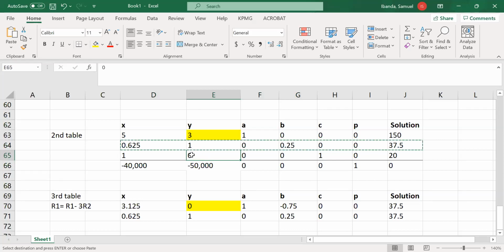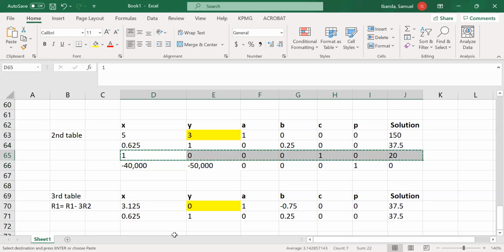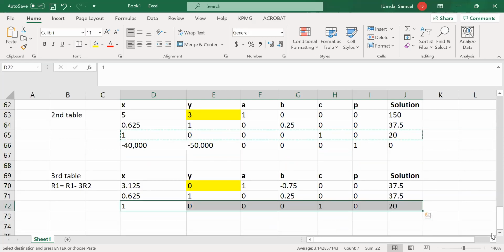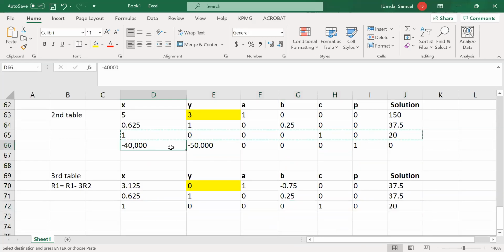But since I already have a 0 here, I'll just leave it the way it is. I'll bring it here. Now, I also have, remember, there's a 50,000 there.